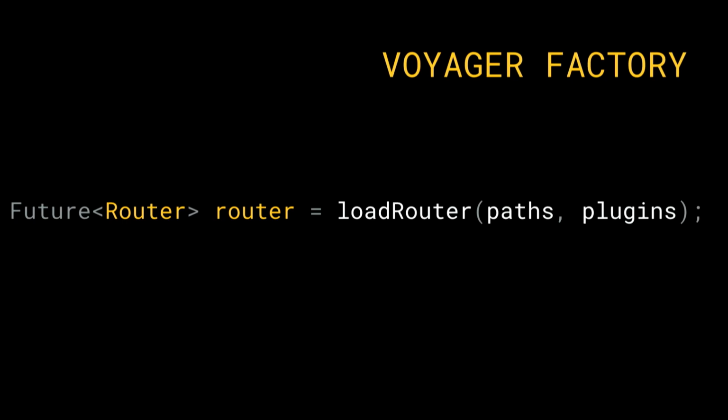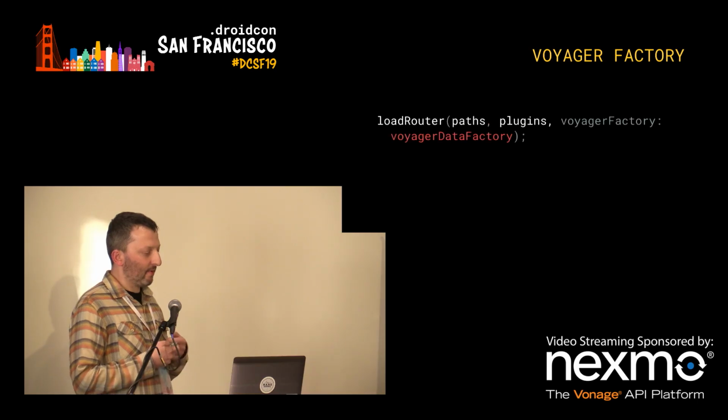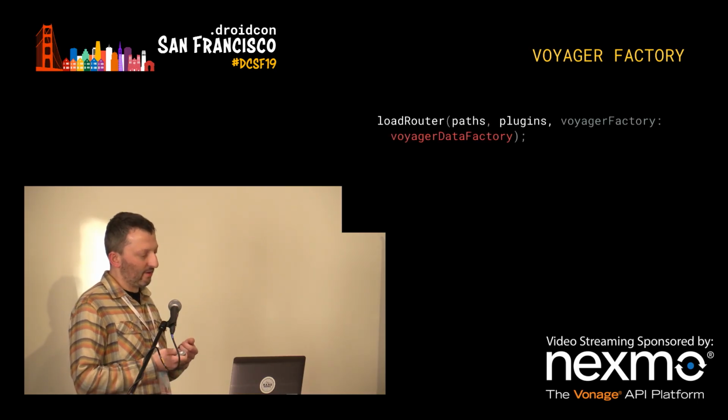How it's done: the Voyager instance is being extended and has extra getters. The router won't know by default how to create those instances, so we need to specify the Voyager factory, and there's a generated factory method to do that.